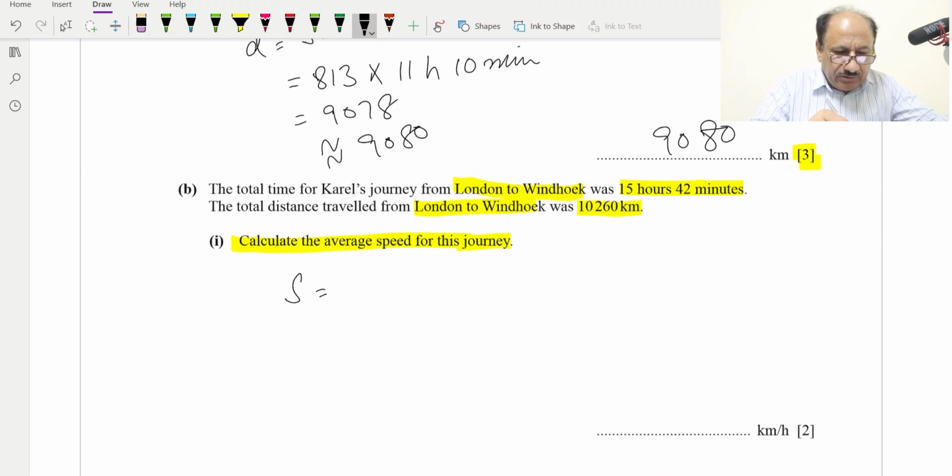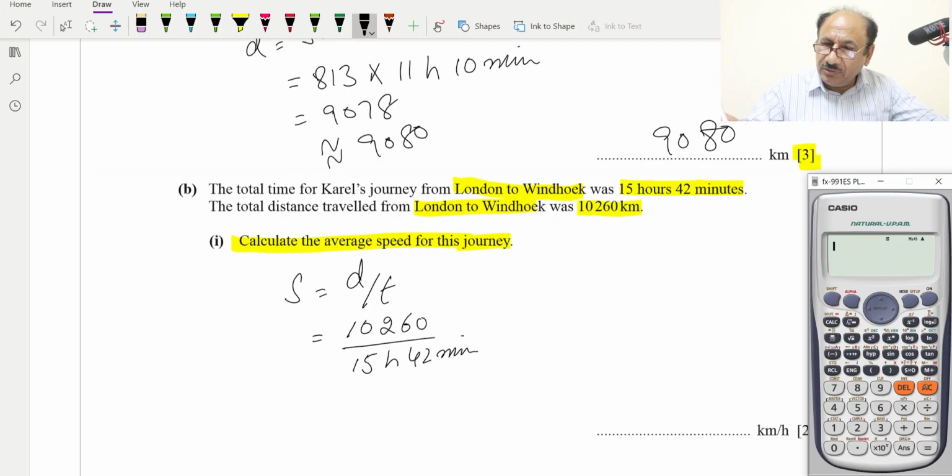Again, speed is equal to distance over time, and we can write the distance. Distance is 10260, divided by time, which is 15 hours and 42 minutes, and the calculation will be with the help of the calculator.